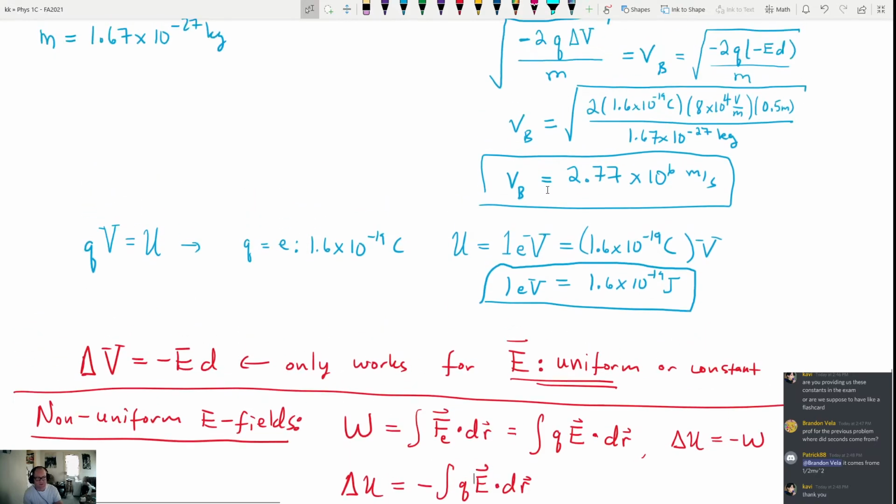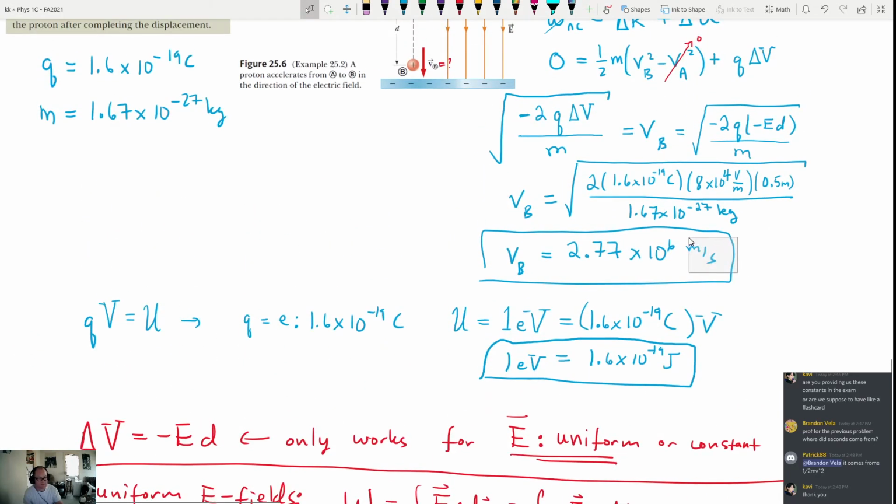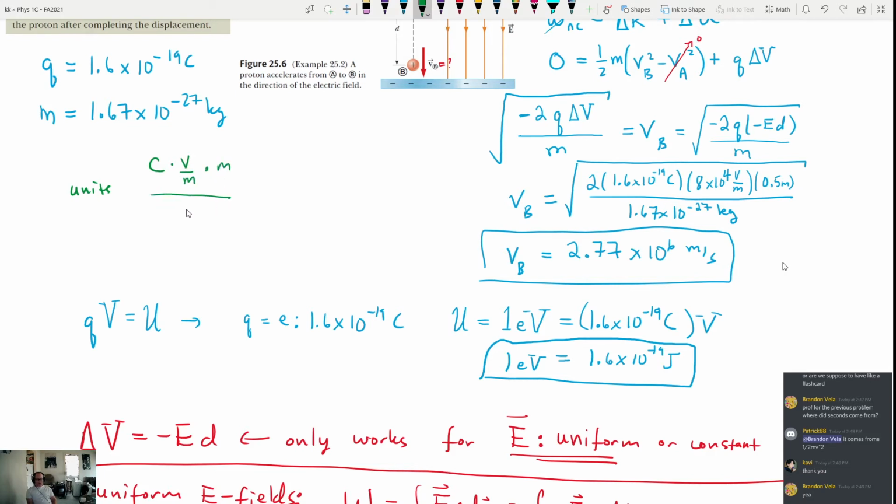The seconds. Like for the answer here, how do we get seconds? Let's look at the units. We have coulombs times volts over meters times meters over kg, which is equal to, so a volt is a joule per coulomb.